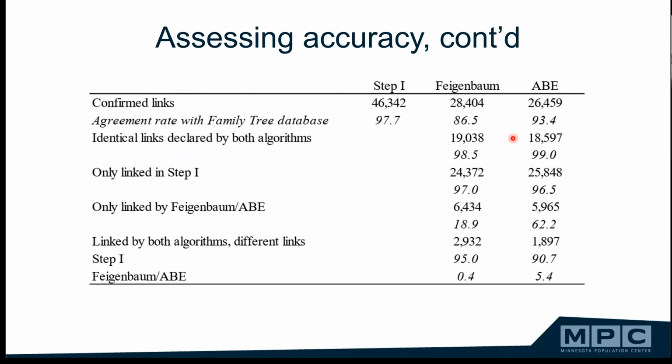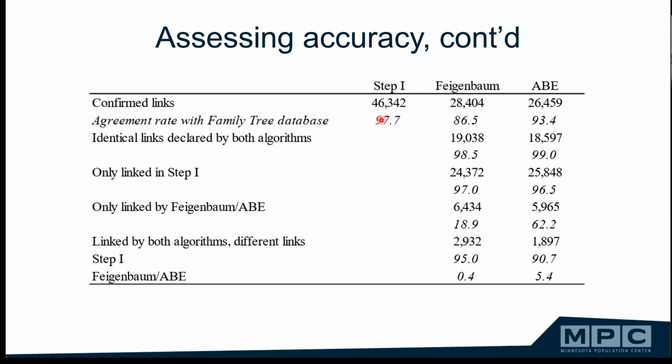A few things that I want to point out. Confirmed links, here again, you see these are the same figures that you saw before, 46,000, 28,000, 26,000. The agreement rate with the family tree database, oh, that's where the FT is from. Agreement with the family tree database tells you that if the link is in the family tree database, to what extent is it the same link?